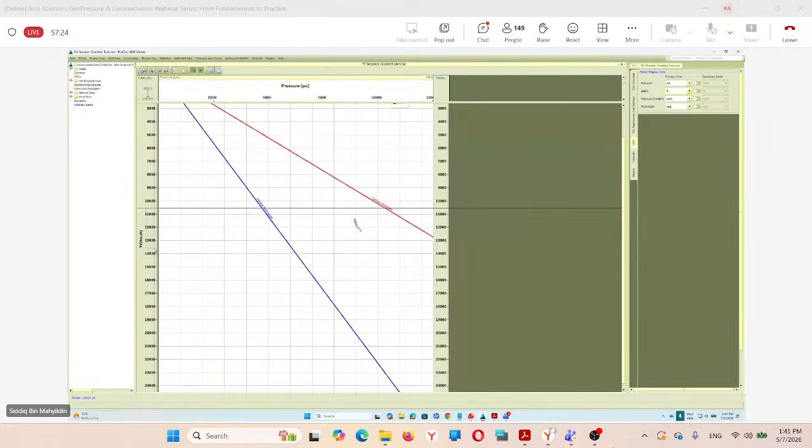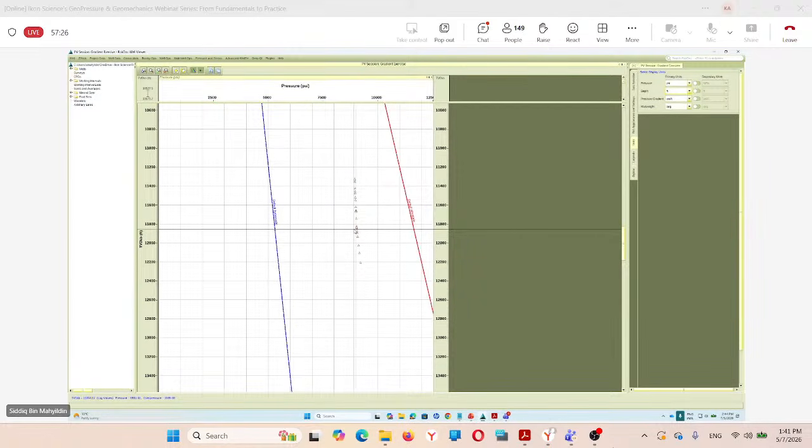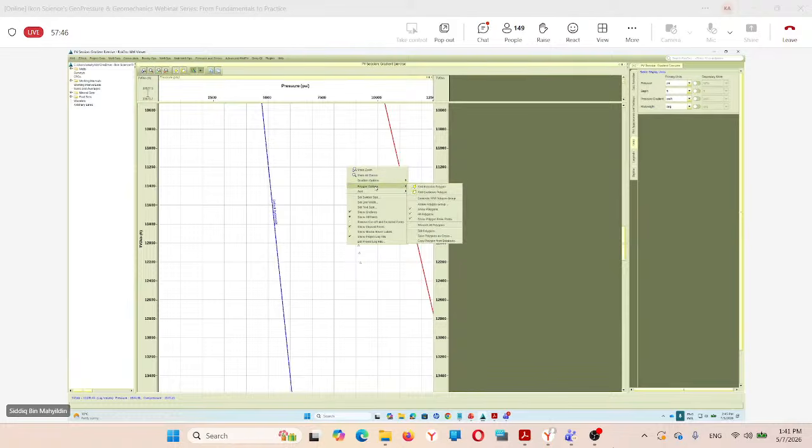I want to take a look at this data over here. For this data, I want to create some gradient. It should be up to 11, something like that. So we can see quickly that we might have one gradient over here and another gradient over here, so that we can decide where the free water level or the oil water contact is. So I can just create an inclusive polygon.